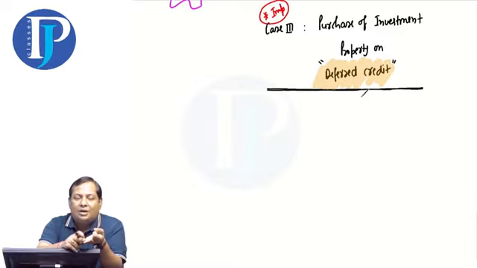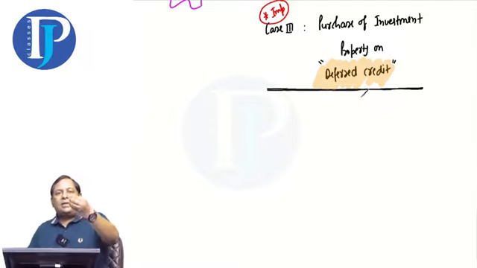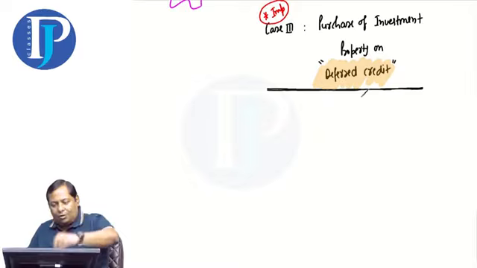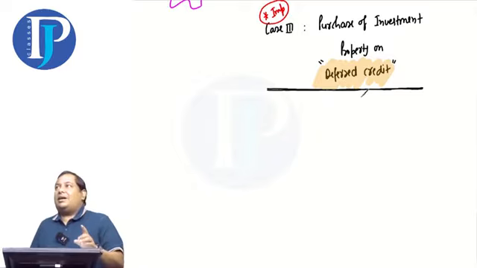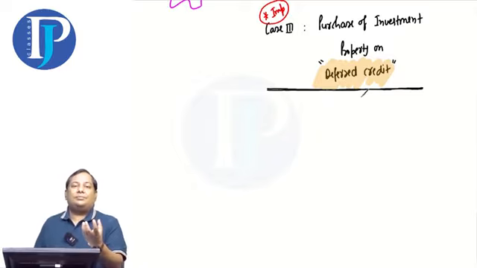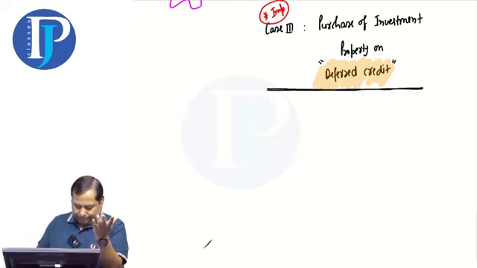If you purchased an inventory in Ind AS 2 on deferred credit, then whenever you purchase an asset on loan, concept will be same. It's in all Ind AS. And you know what this talks about? This talks about the time and value of money. Your eyes are about to open. You will learn something new.